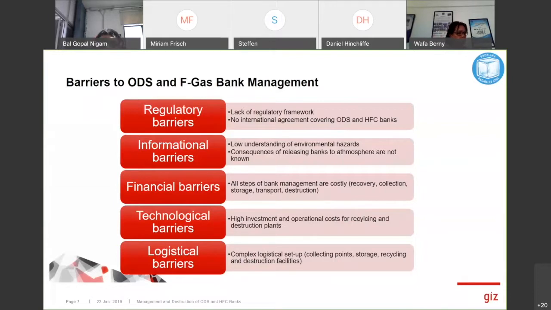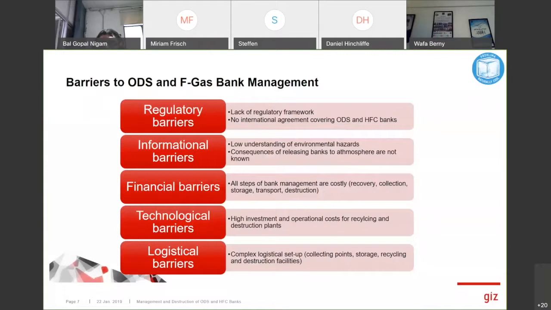Another barrier is informational. This is at the international level, and also at the national level. At the global level, there is a lack of understanding and a lack of global studies and estimates on this topic. At the national level, many stakeholders are involved in the waste management of cooling devices.